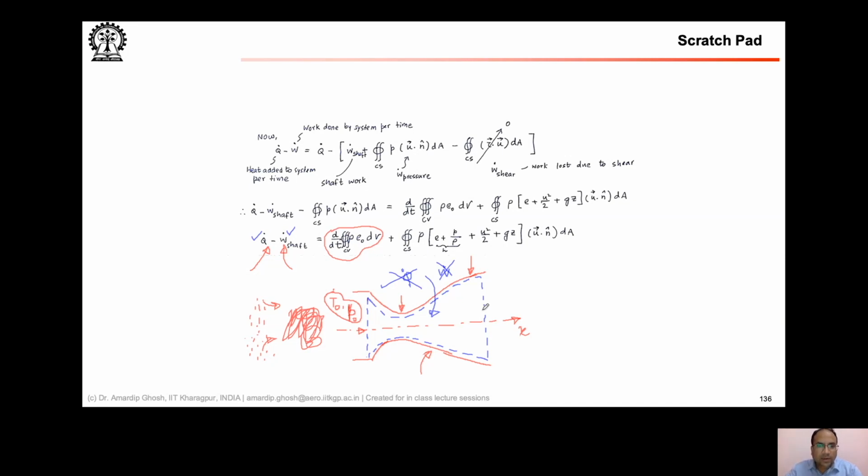You understand that when you are starting your nozzle, or when you are throttling your nozzle, or perhaps when you are stopping your nozzle or your engine, this d by dt term will not be 0. Those phases will not be stationary in time. However, in most of the operation, we will see that these processes are stationary in time.